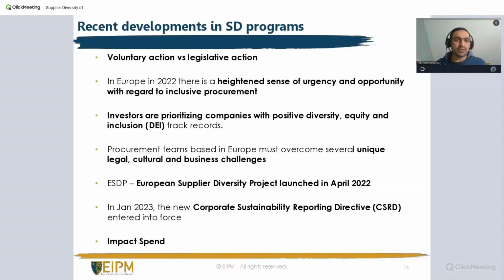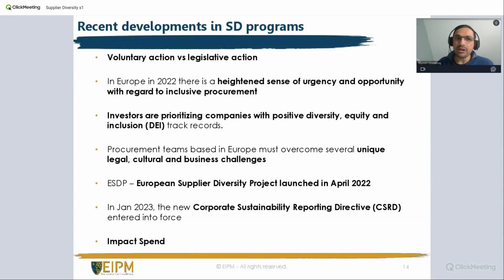Over the years, I think there could be more and more strict regulations that might come into place, where you are pushed to work with a minimum level of supplier diversity objectives. So from voluntary, moving to a bit more legislative.